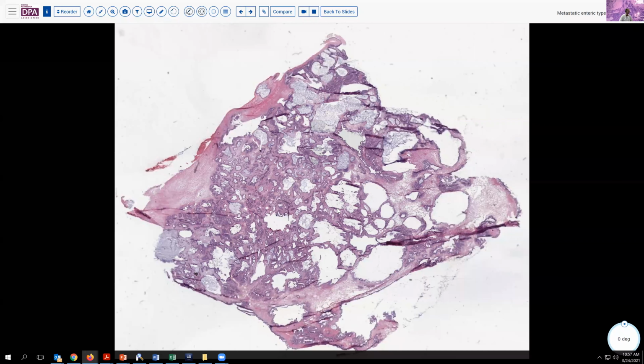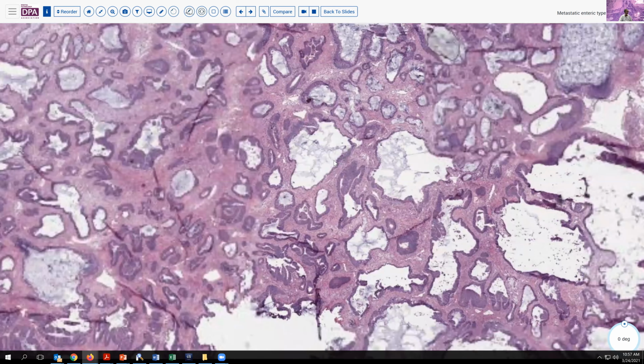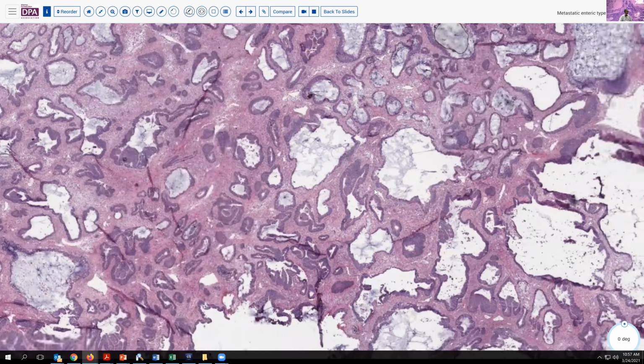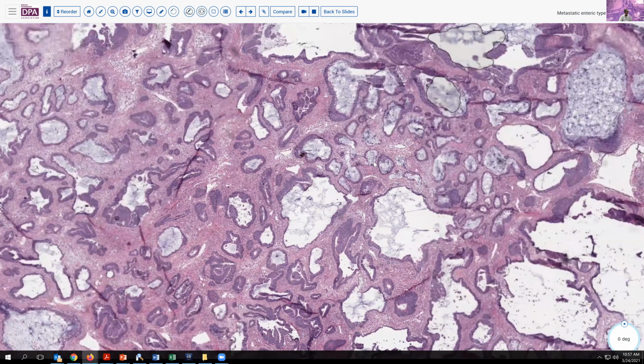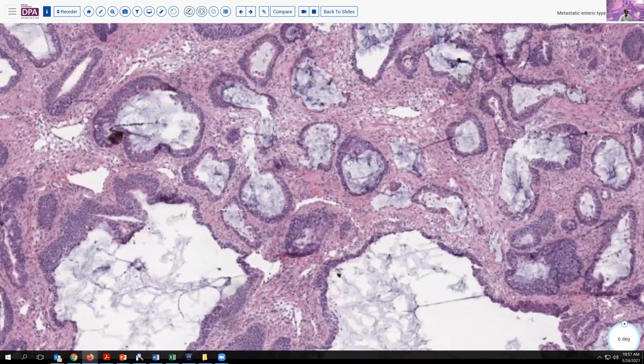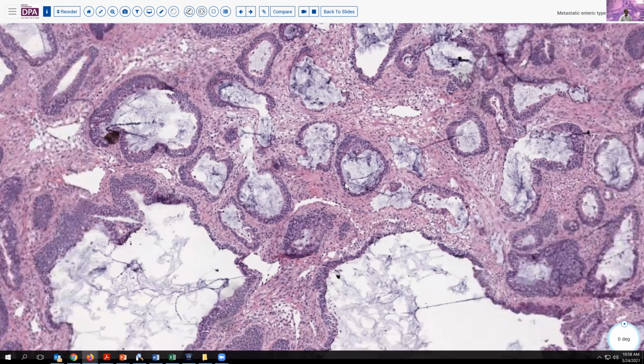So here's a representative counterexample. This is a frozen section. Obviously, we've got some artifacts, some folding, some freeze artifact here. And here we do see some mucin production from these cells. We also see extravasation of mucin.